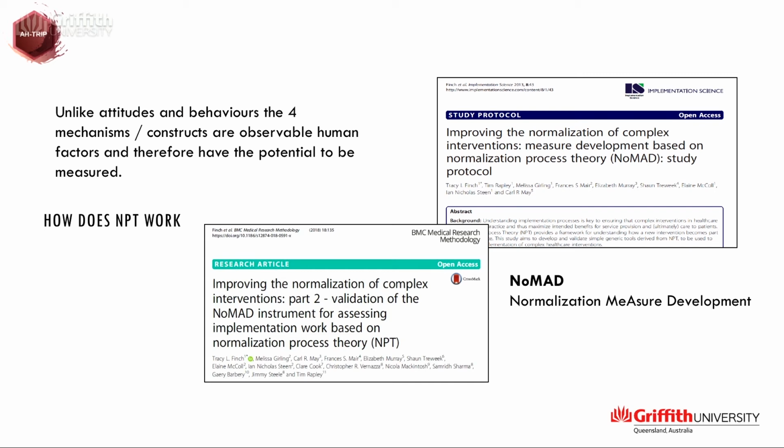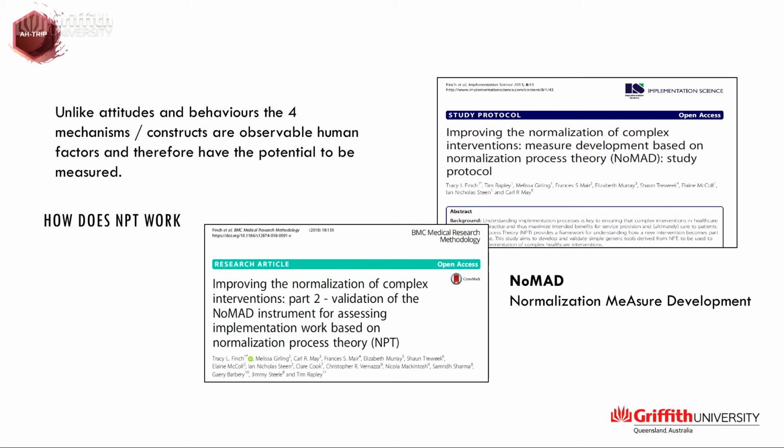And so two papers here that helped develop the NOMAD tool. One was in 2013, which was the beginning of measuring and developing this tool. And then the last one, 2018, one that I was involved with, was looking at the validation of the NOMAD as an instrument tool. So this adds a really nice extra component to NPT from a quantitative point of view.